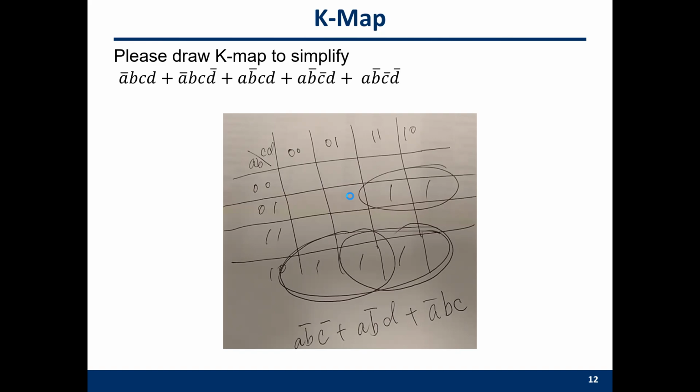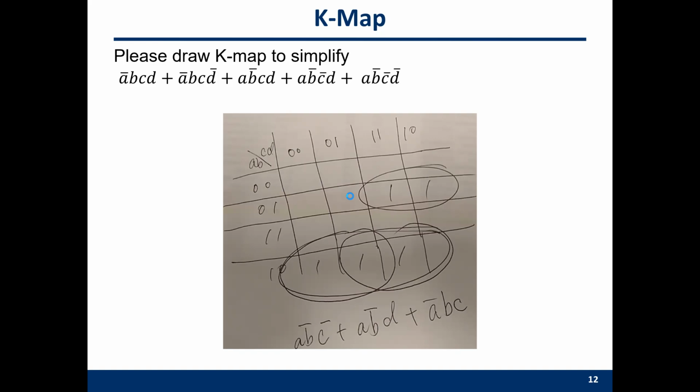And then this term is related to 0, 1, 1, 1, 3 ones, 1, 0, 3 ones. So it's a 1, 0, 1. So this box corresponds to the first.